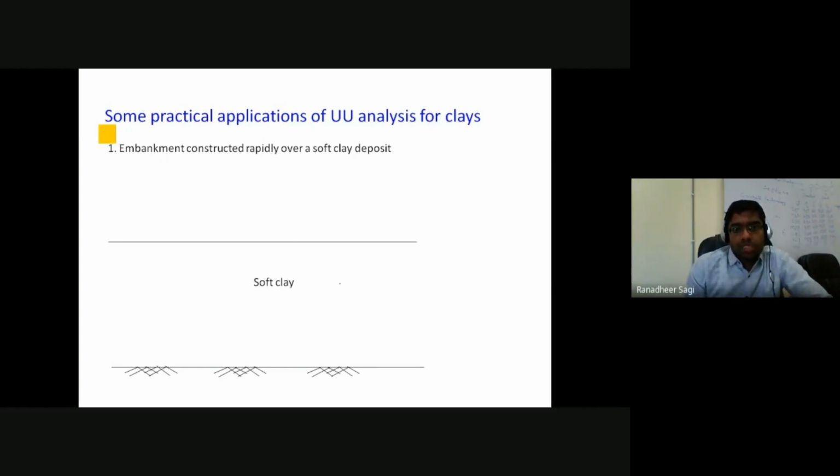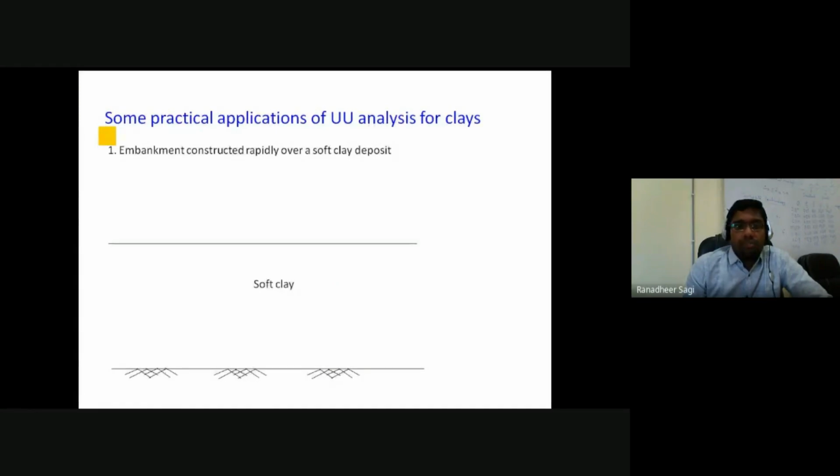It's a soft clay once again, on which we are trying to construct an embankment. In case the embankment constructed on the soft clay is a rapid construction, in the sense that the embankment is constructed at a very fast rate on that particular soft clay, then water cannot get drained at all through that particular soil sample.